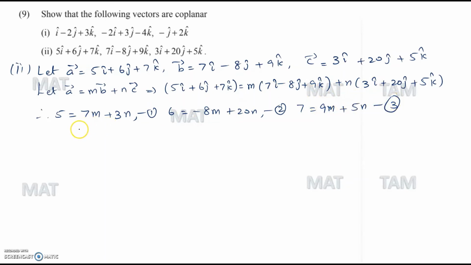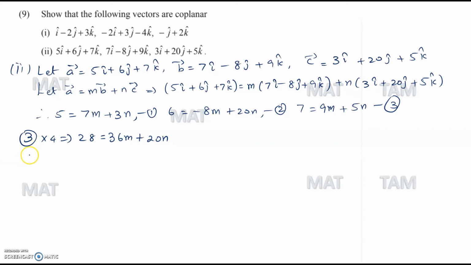Let's use equations 2 and 3. Let's multiply equation 3 by 4, which gives 28 is equal to 36m plus 20n.